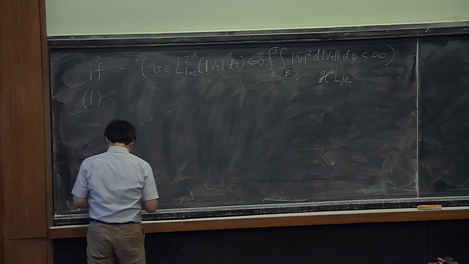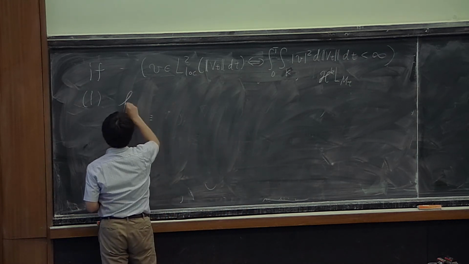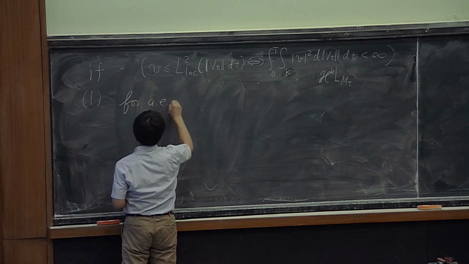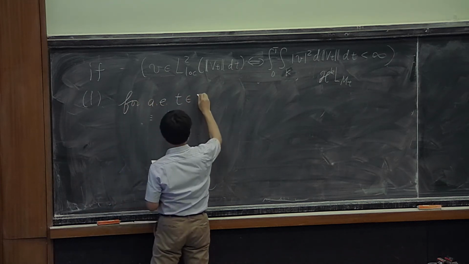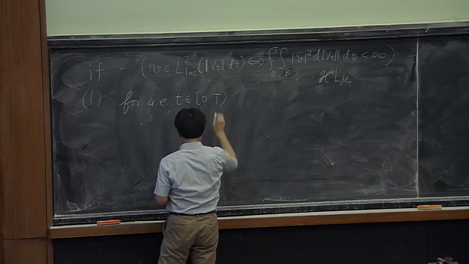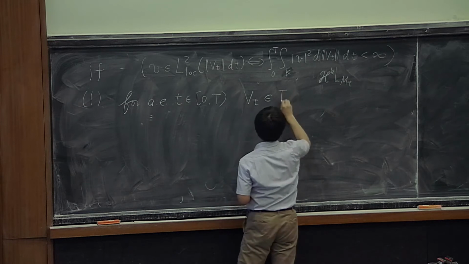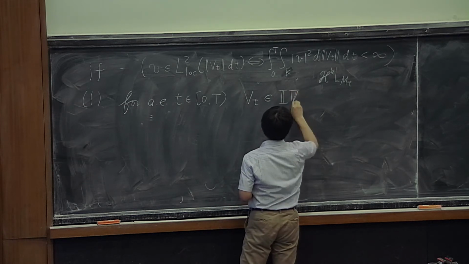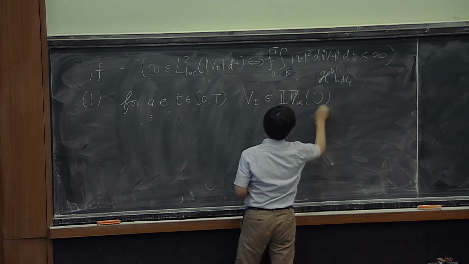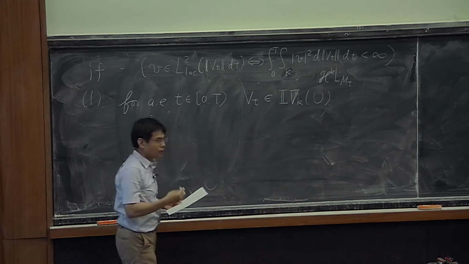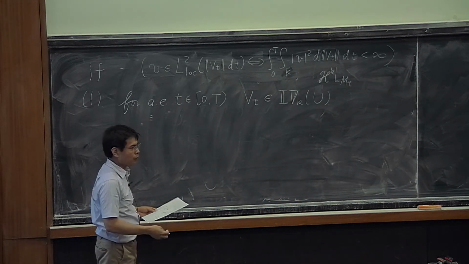But the number one condition is for almost all time, I want this varifold to be integral. Okay, I want this to be an integral varifold, just to be relevant to geometric problems, I would say.